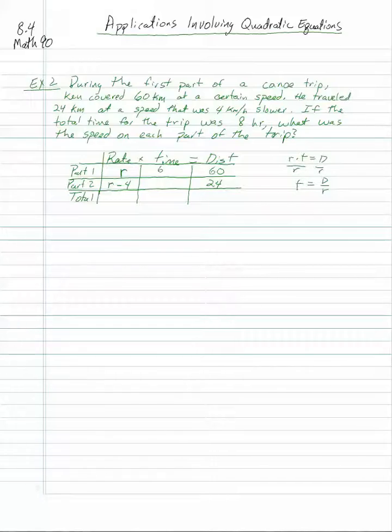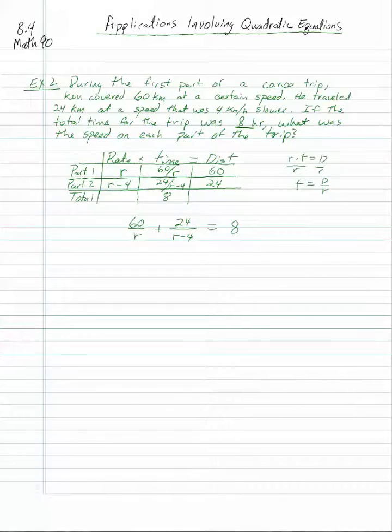So part 1 time is 60 divided by R. Part 2 is 24 divided by R minus 4. And from the problem, the total trip was 8 hours. So to get the total time, we take the time in part 1 plus the time in part 2 equals the total of 8 hours.